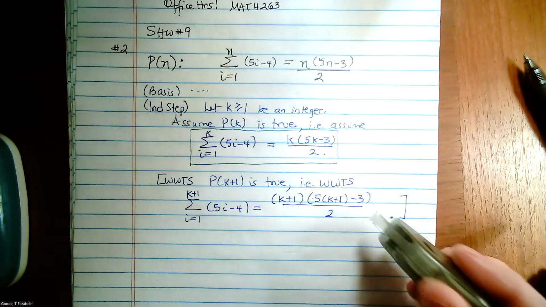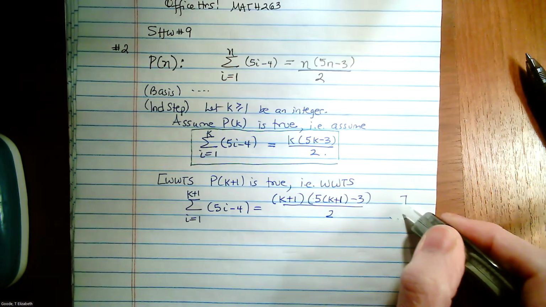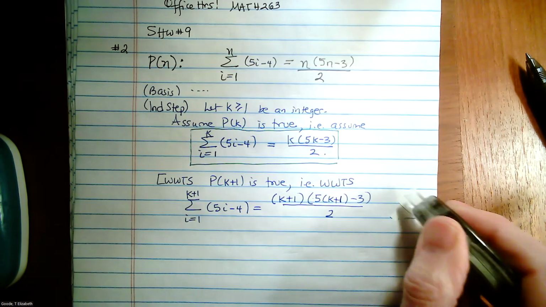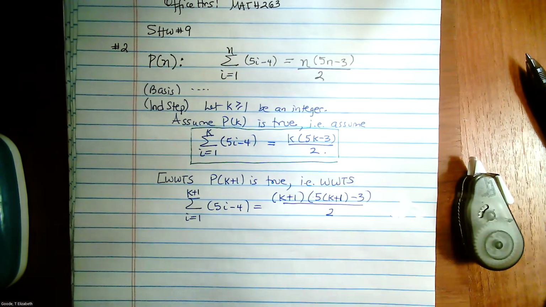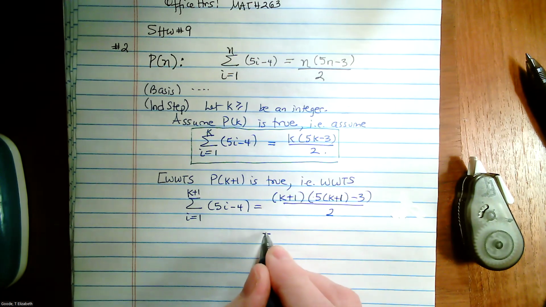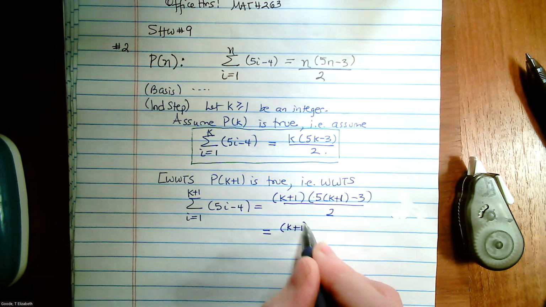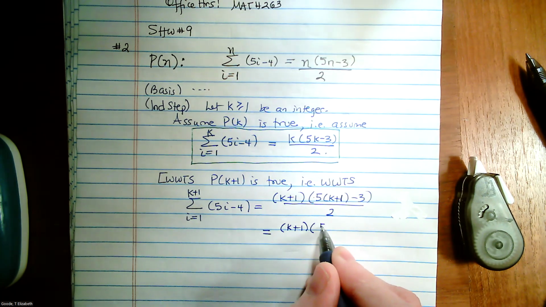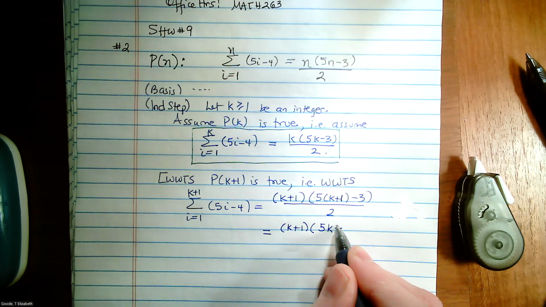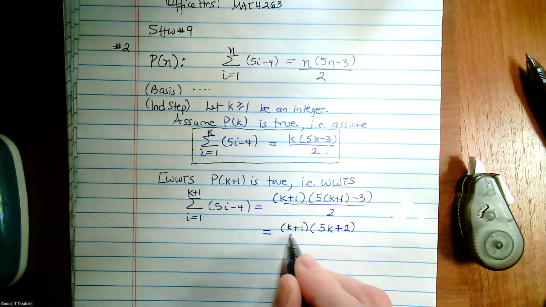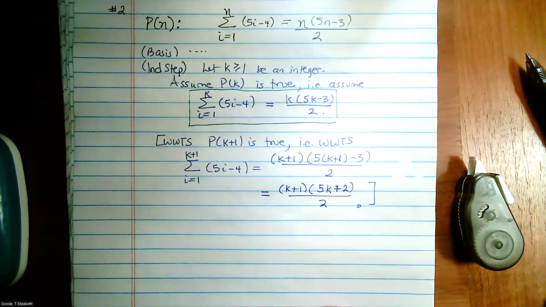Sometimes it's helpful to take another step and see what you're shooting for. It looks like the quantity k plus 1 times 5k plus 5 minus 3, which is a grand total of 5k plus 2. Do you agree? Yes. All right, so that might help us a little bit.